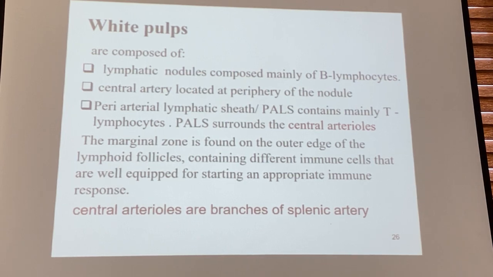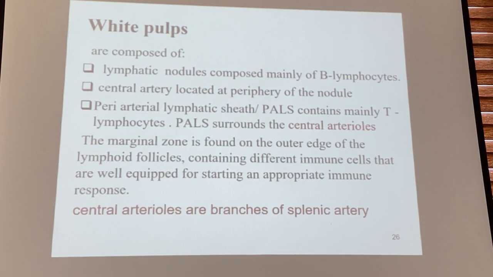These central arteries are surrounded by a layer of lymphoid tissue called PALS, or periarterial lymphatic sheath, which mainly contains T lymphocytes. So the lymphatic nodule contains B lymphocytes, while PALS contains T lymphocytes.